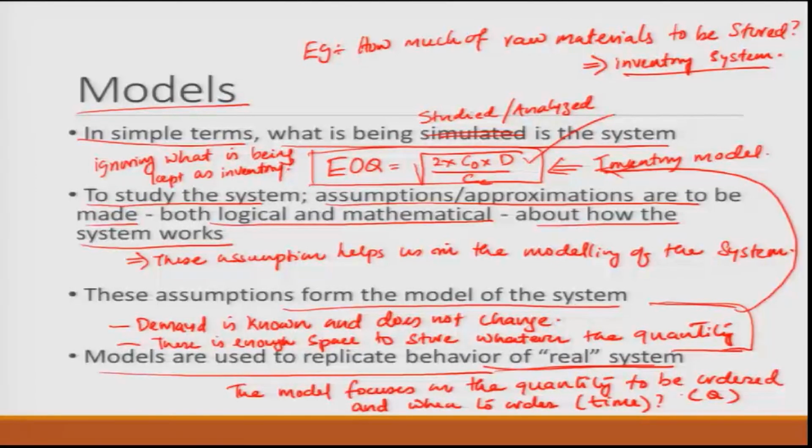Okay. So, we are worried about the quantity and the time specifically in an inventory system, and to do that we take assumptions about the system, and the assumptions help us in forming the models.